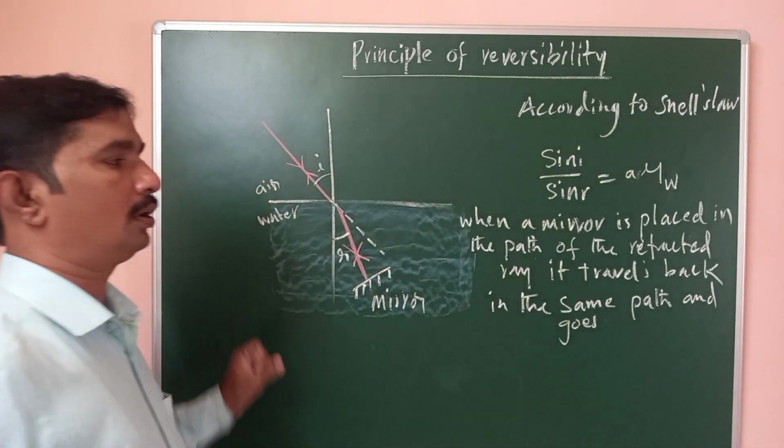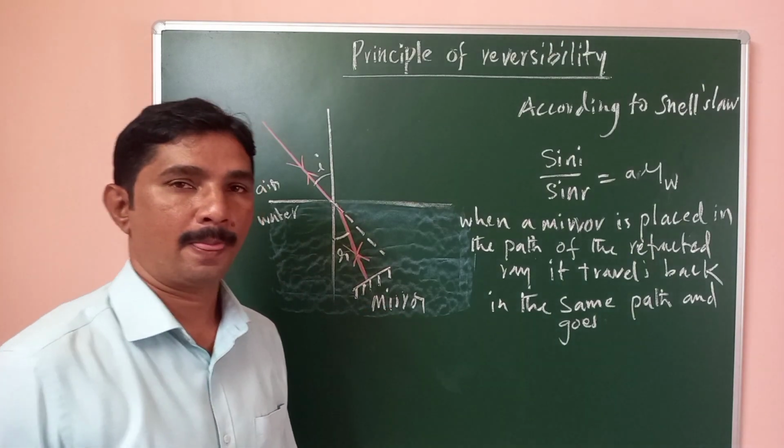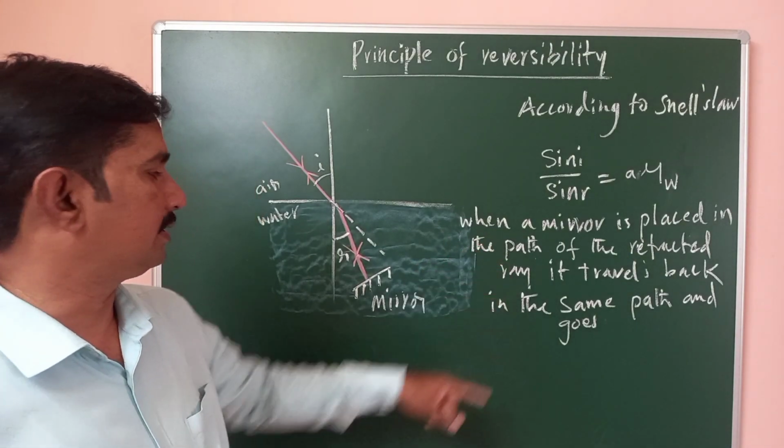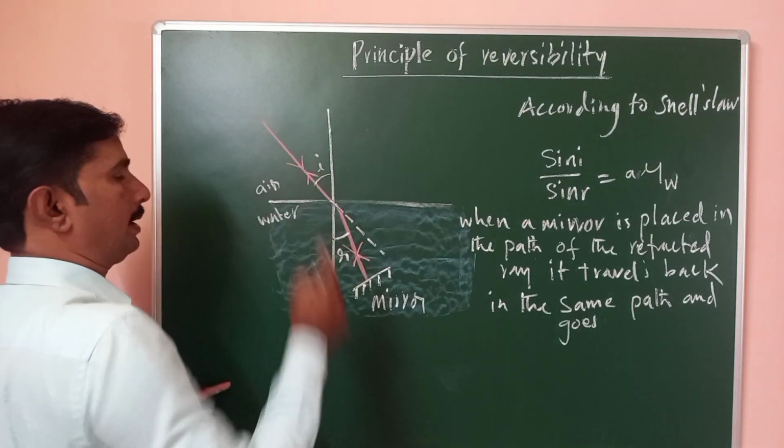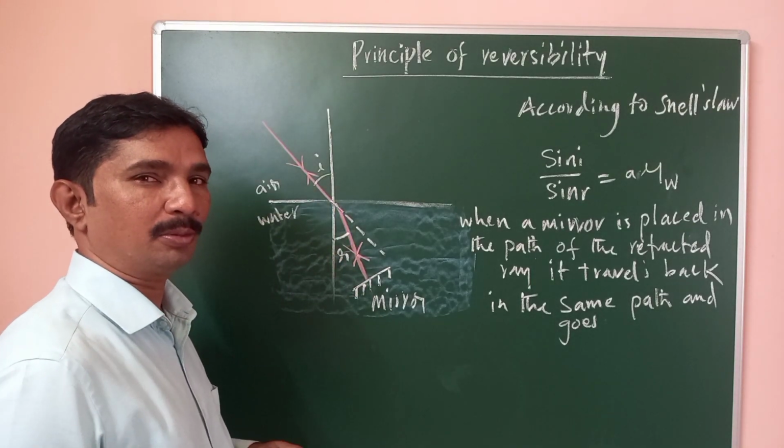This is called principle of reversibility. When a mirror is placed in the path of the refracted ray, the light ray returns back in the same path and goes. This is principle of reversibility.